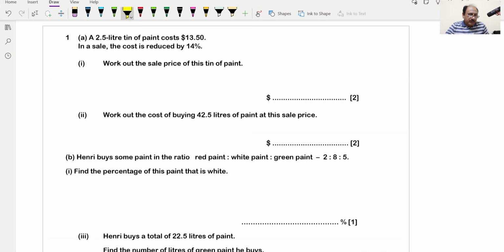Now question number 1, part A. A 2.5 liter tin of paint costs $13.50. In a sale the cost is reduced by 14%. Part A, work out the sale price of this tin of paint.